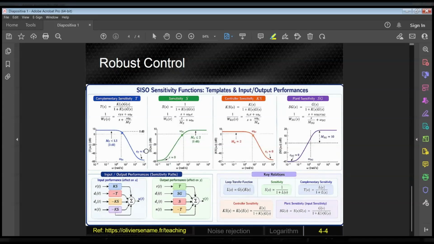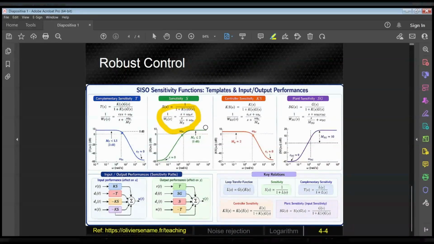To enforce these requirements, we define a template. This template specifies the desired behavior of the sensitivity function. In this template, s is the Laplace variable, ωb is the bandwidth, ε represents the tracking error, and Ms is the modulus margin.